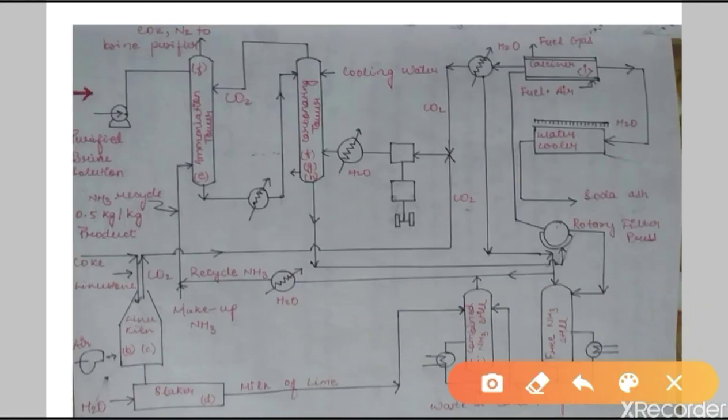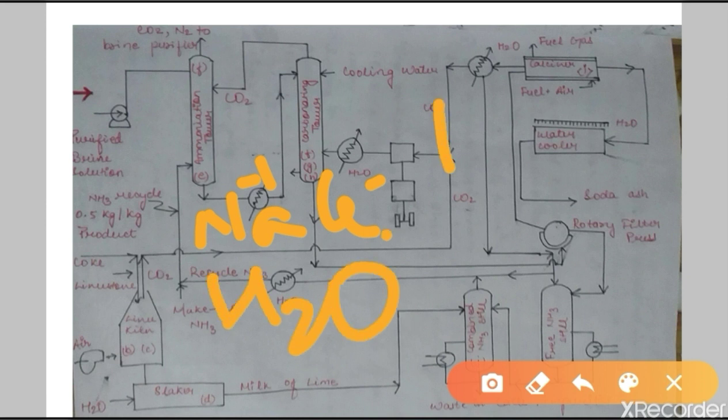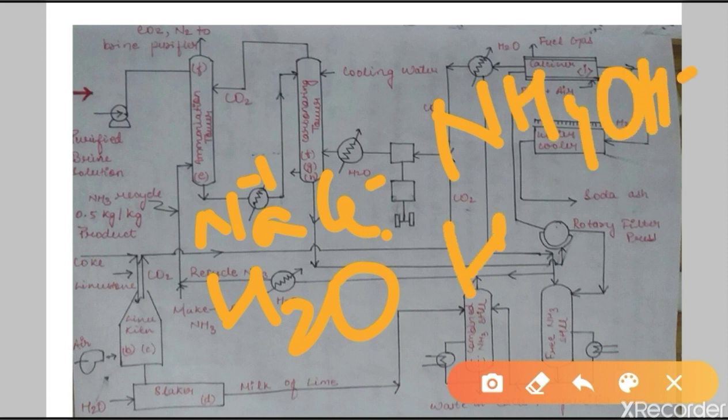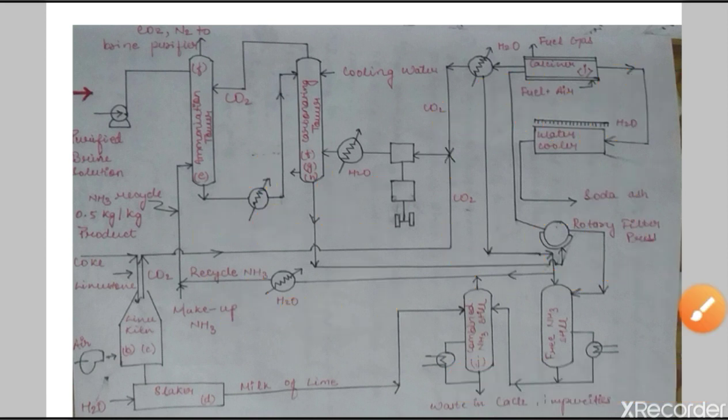Now let us proceed. Now from the ammoniation tower we have Na plus Cl minus ion, that is NaCl, calcium chloride, we have water, we have NH4OH, that is ammonium hydroxide, we have in a very little amount bicarbonate ion, and then these are supplied to the carbonating tower.